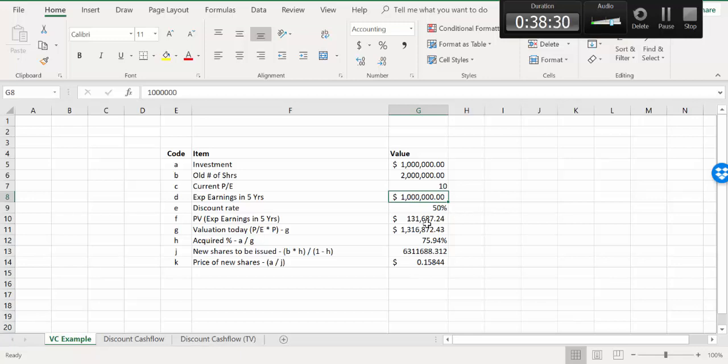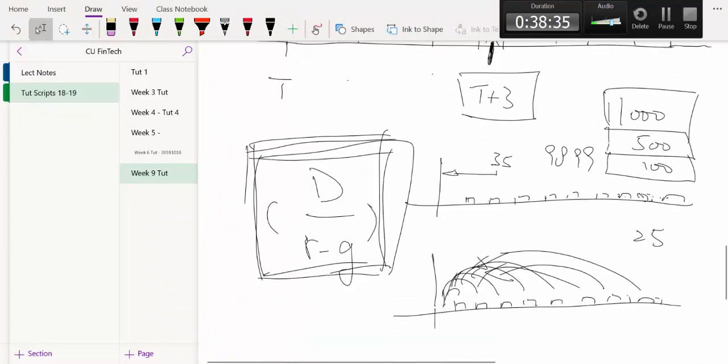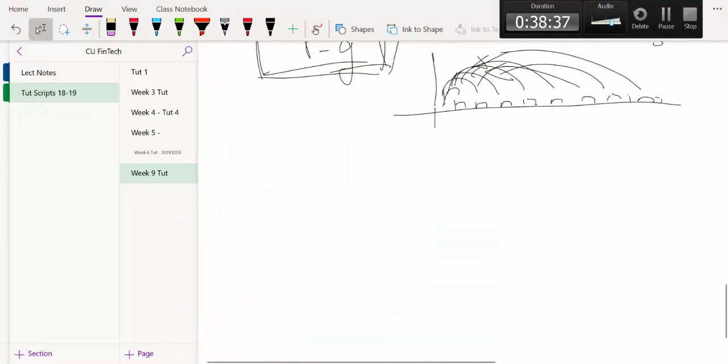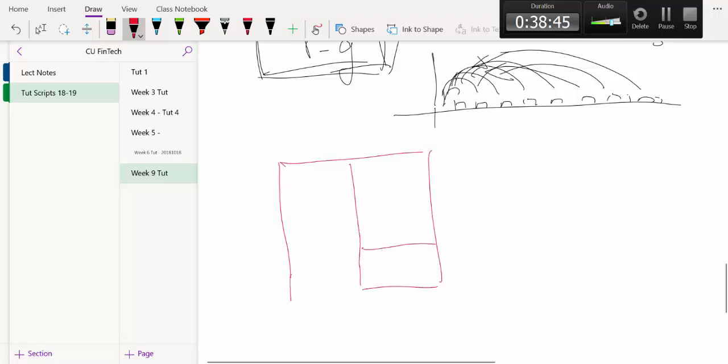So if I was to draw this, this is the old company. The old company looks like this. Now the new company has my $1 million. So the new company looks like this, and the value of the new company should be somewhere around $1.3 million.